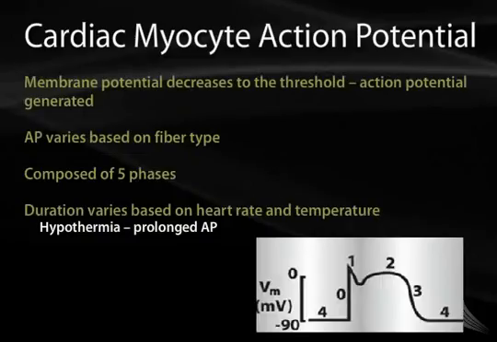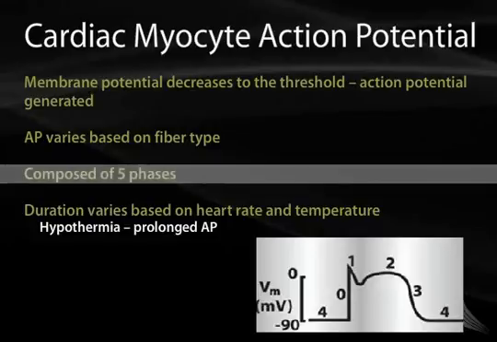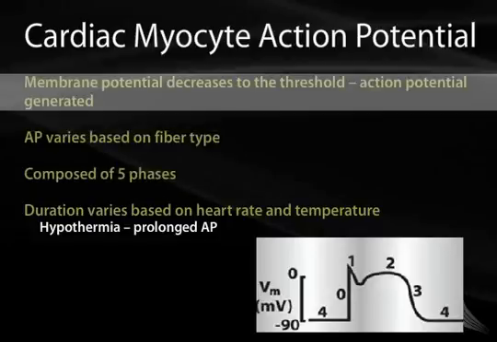The cardiac myocyte action potential is composed of 5 phases. The membrane potential rises to the threshold, and then the action potential is generated. Phase 4 is the resting membrane potential. Phase 0 is the rapid upstroke.